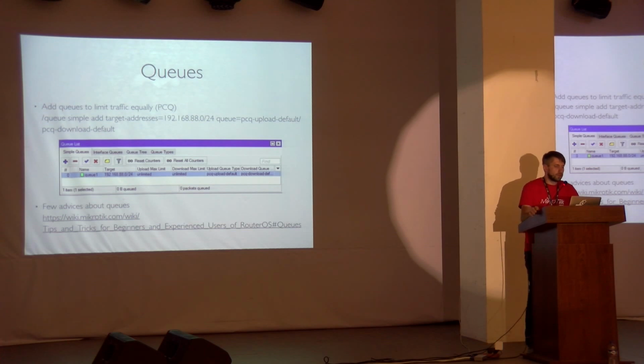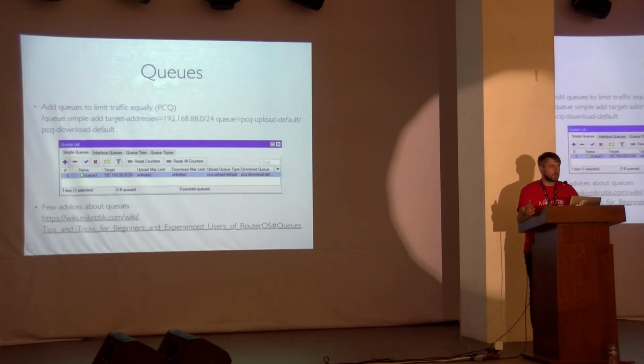One of the best from our point of view is a specific queue type called PCQ, because it allows you to make some interesting configurations. For example, by PCQ you can set a dynamic bandwidth limit for your network. Imagine you have 200 clients connected to your local network, and you have, let's say, 50 megabits of traffic available.